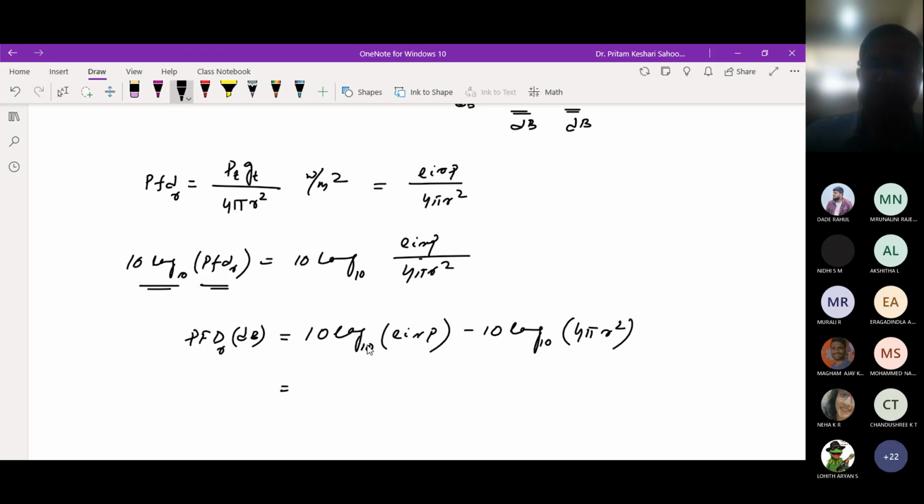If you recall, this thing we have represented by capital EIRP, which is in dB. Now, the other term I can represent as 10 log base 10 of 4 pi minus 10 log base 10 of r square.